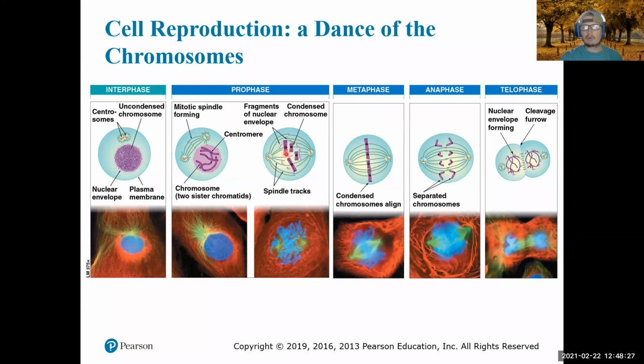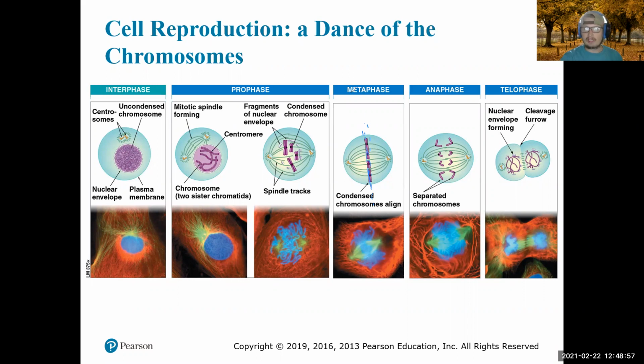And now when we move into metaphase, those condensed sister chromatids line up along the metaphase plate. Okay, and so the metaphase plate is basically the equator of the cell. Okay, so this area here. So you'll have one sister chromatid on one side of the metaphase plate and the other sister chromatid on the other side of the metaphase plate.